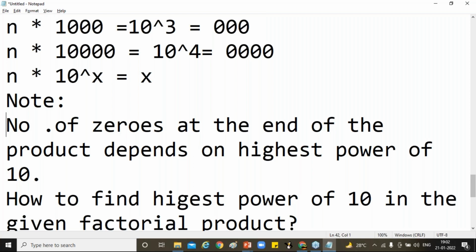Depends on the highest power of 10. Okay.